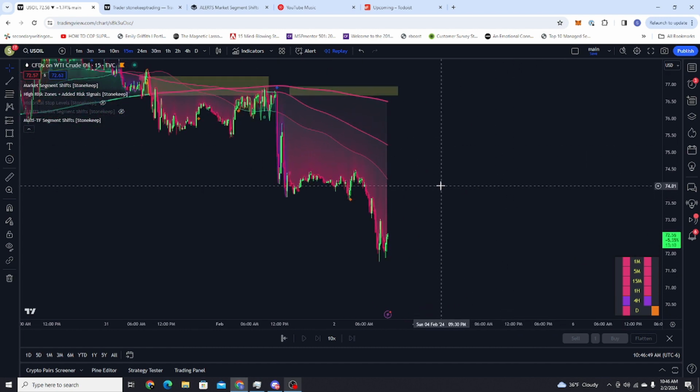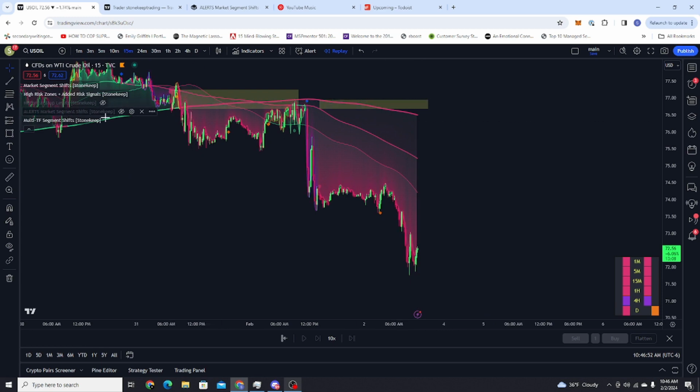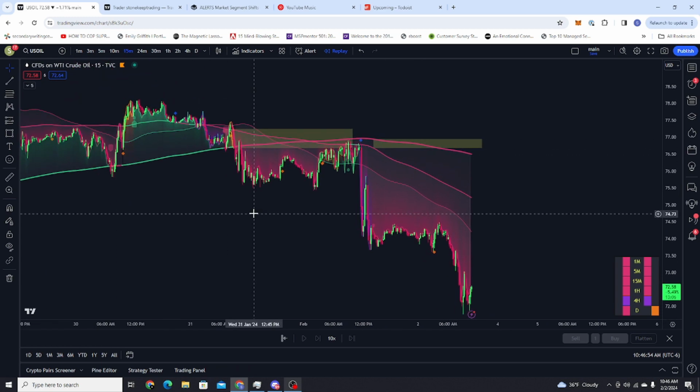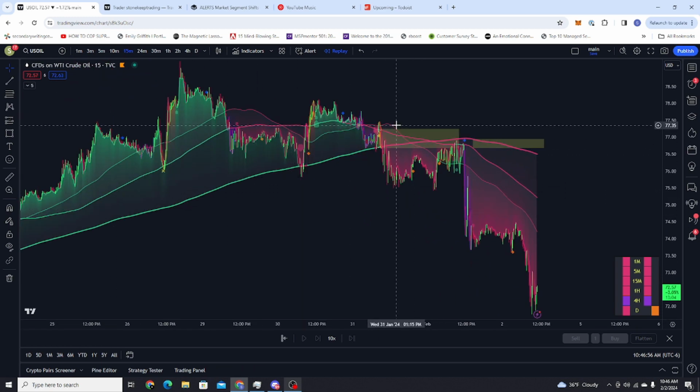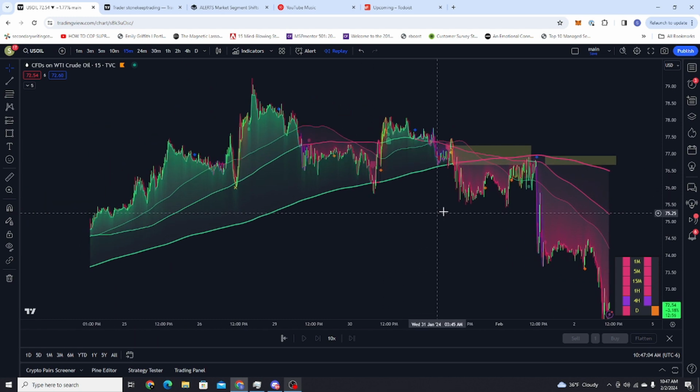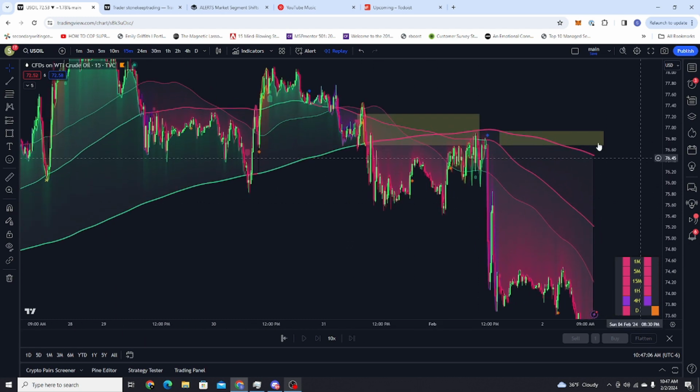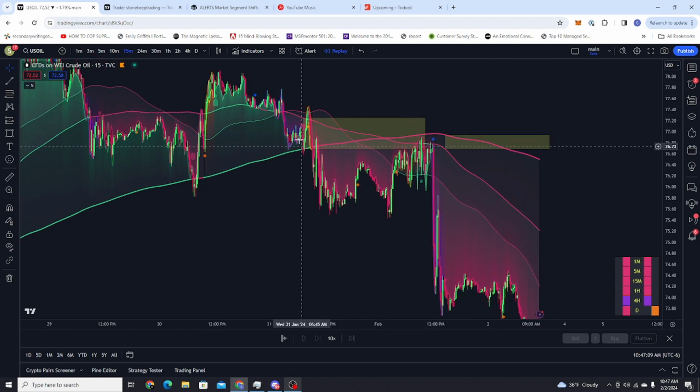It's an easy fix. So now we're going to be looking at our high risk zones and added risk signals. These are very key, because as I was explaining earlier, we'll get into the high risk zones first. When you're looking at the regression lines and how they're positioned upon a segment shift, these are really meant to visualize that. What it's doing is getting the difference between the middle period and the longest period regression lines upon a shift, right?